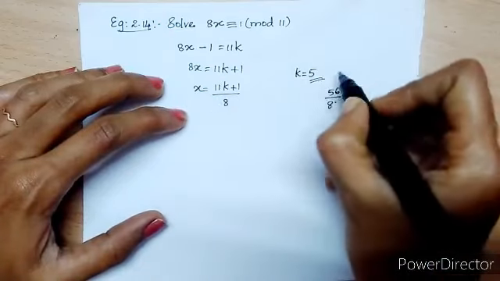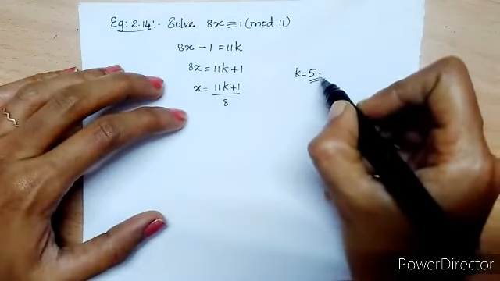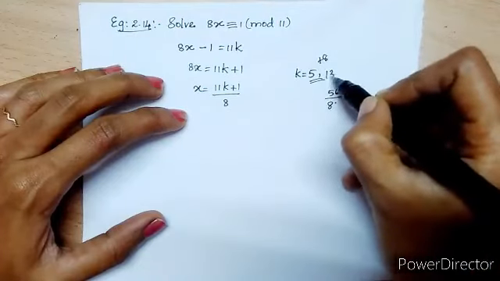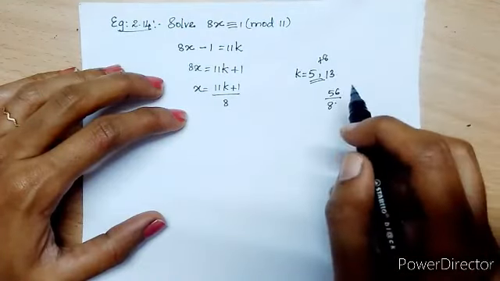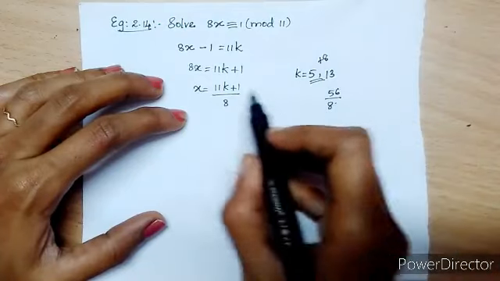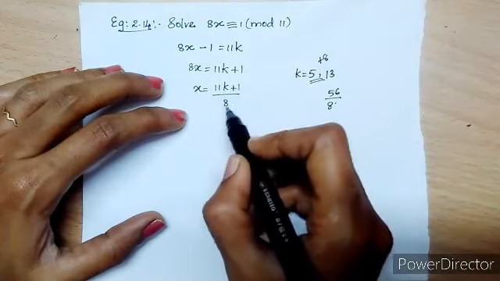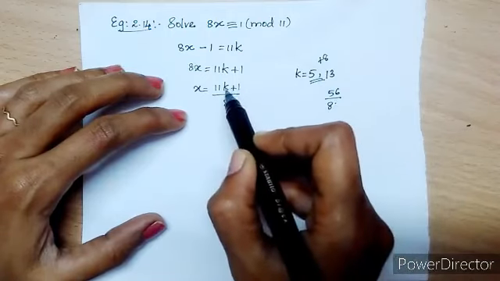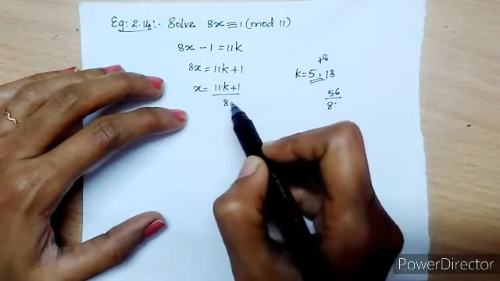Okay, so what will be the next value? Add 8 to this. You will get 13. So 13 is the next value for which it should be divisible by 8. When we apply 5 in the place of k, it will be divisible.